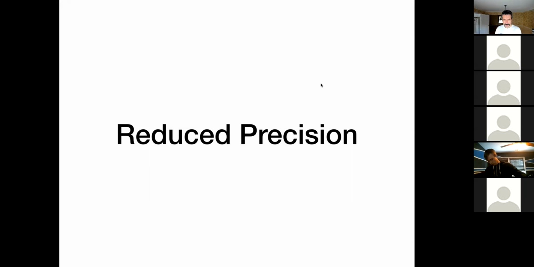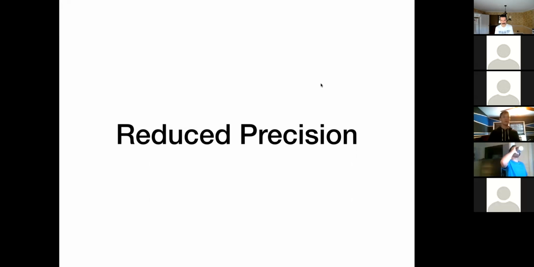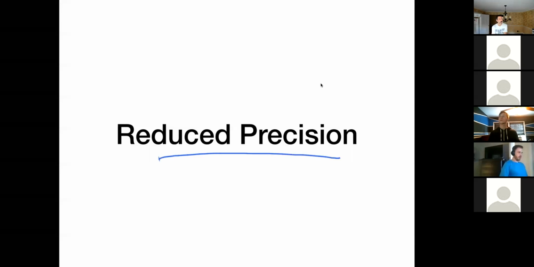Let's start. So today the plan is to continue the discussion about the hardware layer. Again, what we will discuss about reduced precision is also interesting and important when it comes to model compression, right?